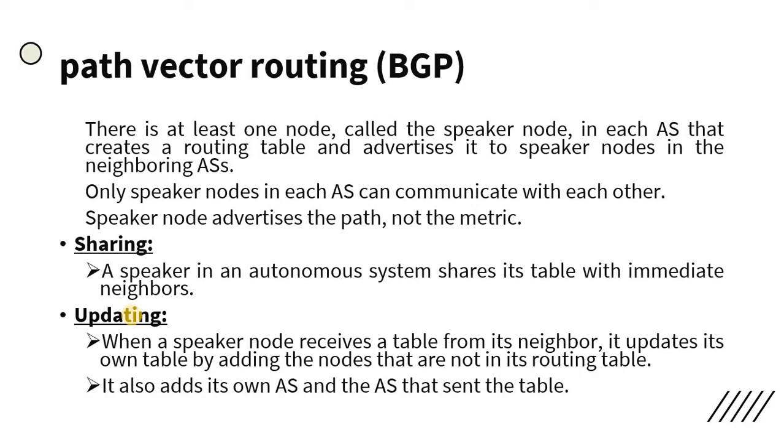So when something is received from its neighbor, the speaker node checks the information in its own table, and if that route or node is not in the routing table, then it adds it. That is how it updates its table.